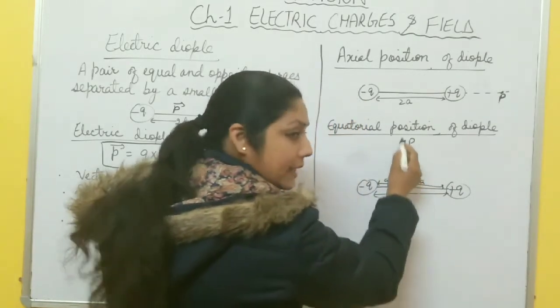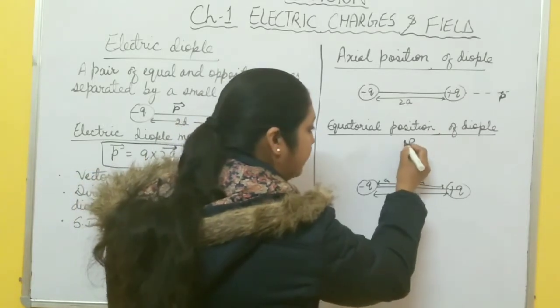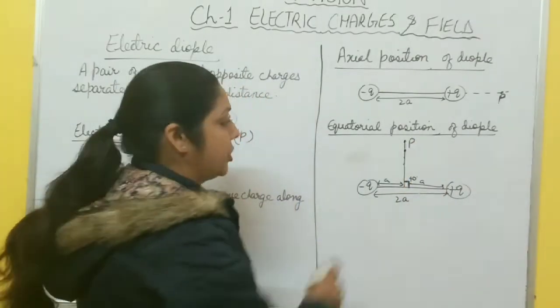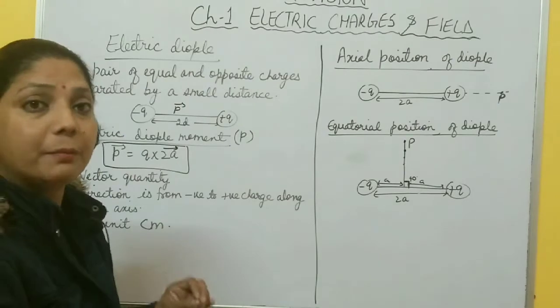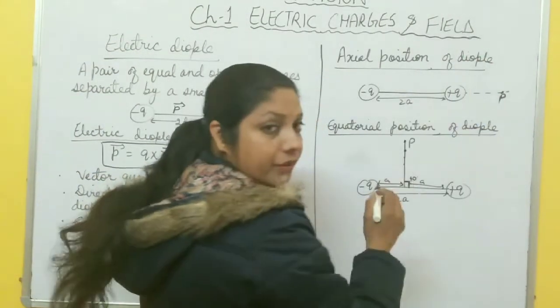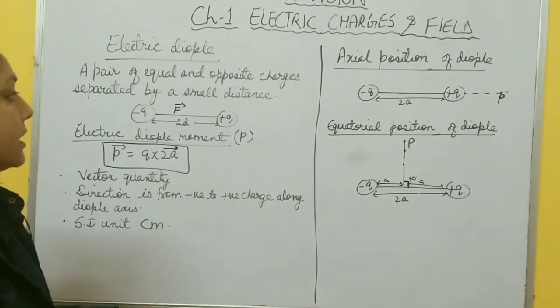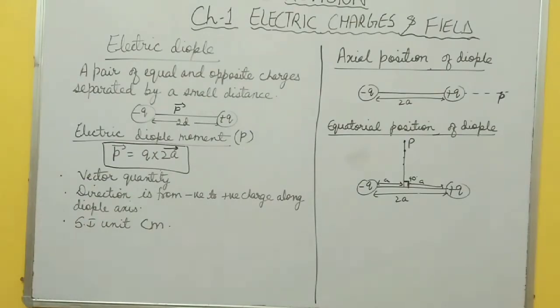So the perpendicular bisector of this dipole axis is this one, and any point on it is an equatorial position of the electric dipole. In your syllabus both topics are very important: electric field on the axial position of a dipole, and electric field on the equatorial position of a dipole. Take a screenshot, then next we'll discuss these two positions in detail.